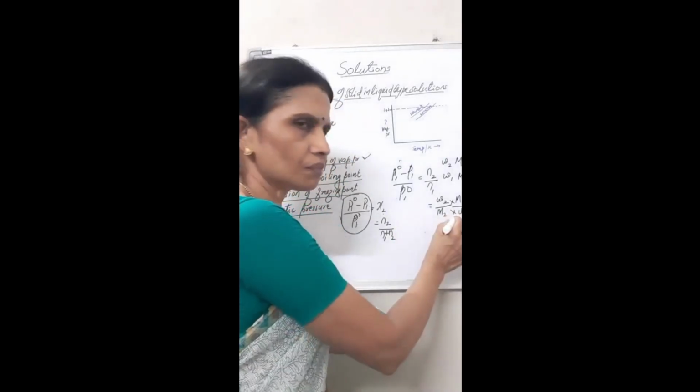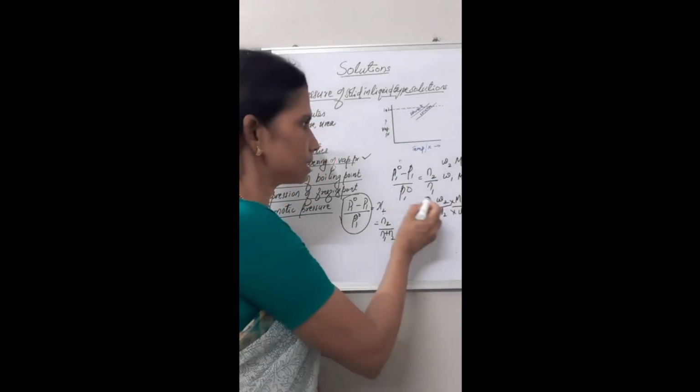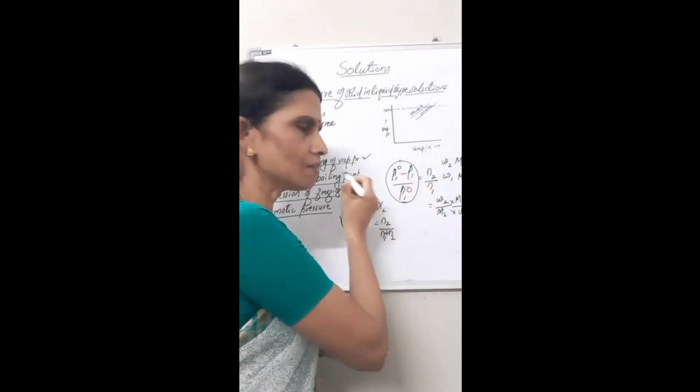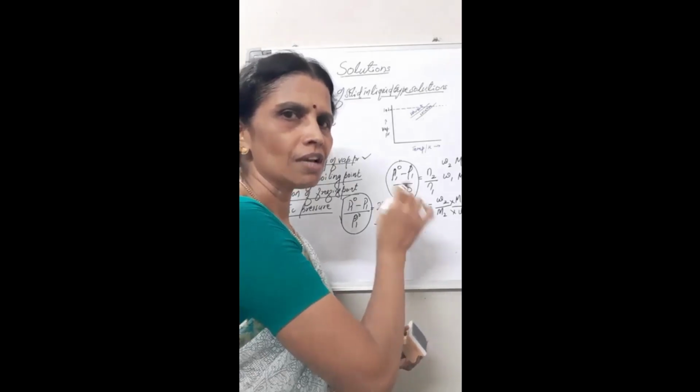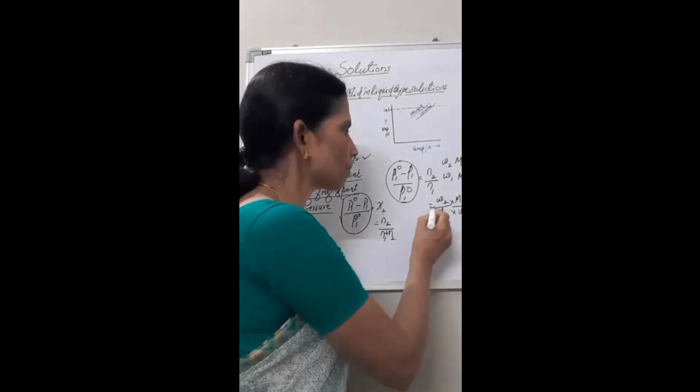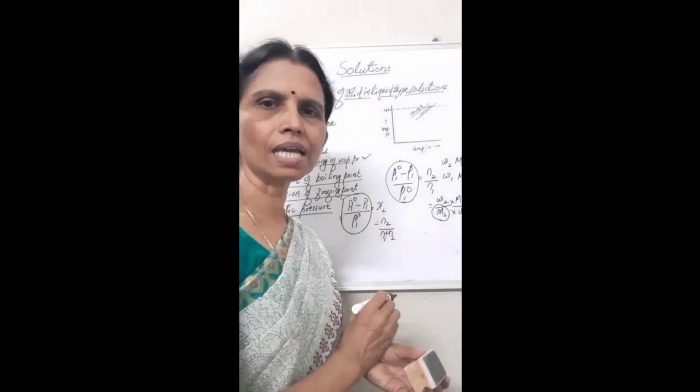Now the significance of this is that, using this colligative property, relative lowering of vapor pressure, we can find the molar mass of a non-volatile solute.